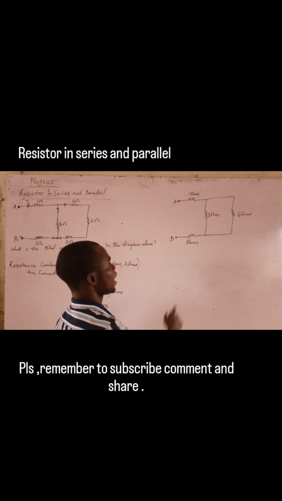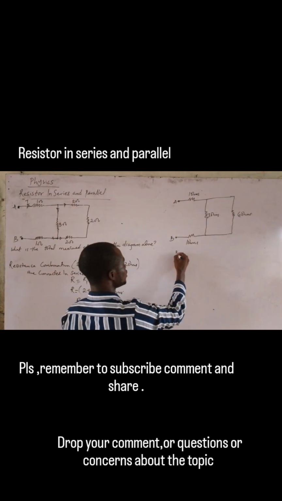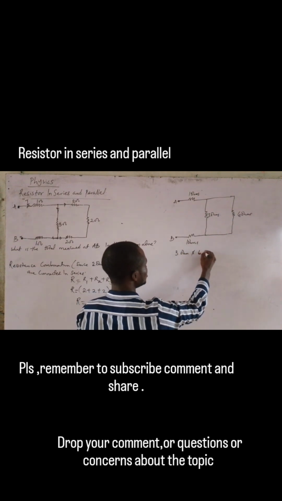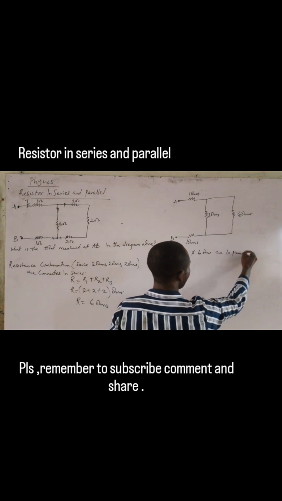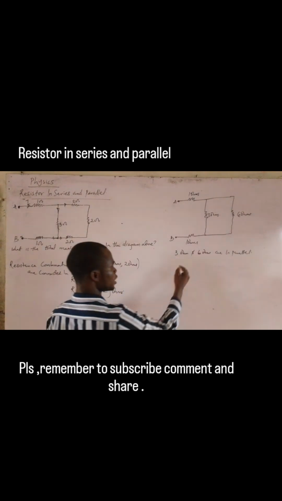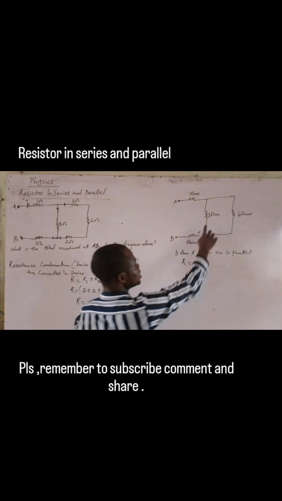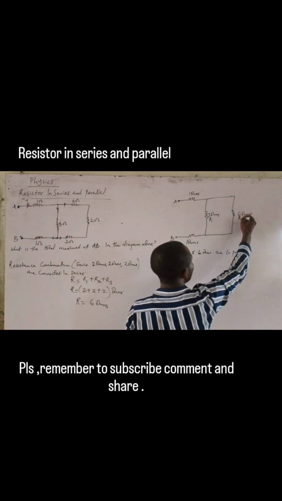Now, with this, I can say that this and this are connected in parallel. So 3 ohms and 6 ohms are in what? In parallel. And I will need to find the resistance combination. That is R, since they are connected in parallel. So let me say this is my R1 and this is my R2.